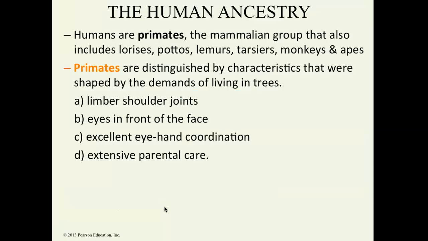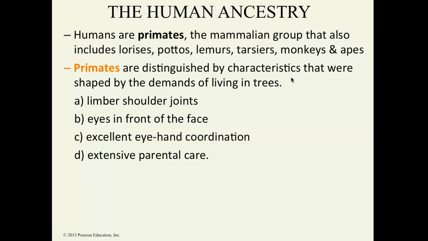All right, so moving into primates and human ancestry. Humans, we are primates, right? This mammalian group also includes lorises, pottos, lemurs, tarsiers, monkeys, and apes. So primates are distinguished because we have characteristics that make it possible to live in trees.